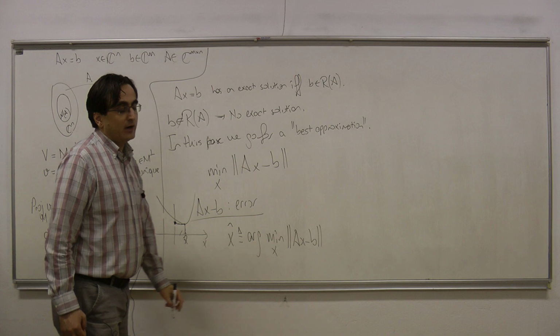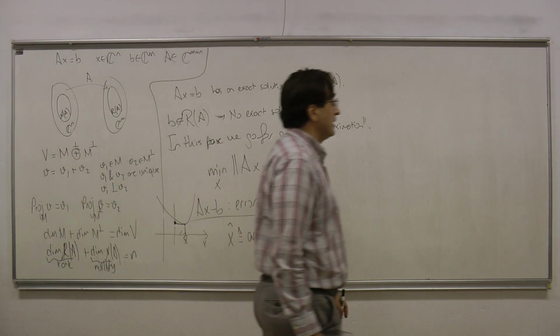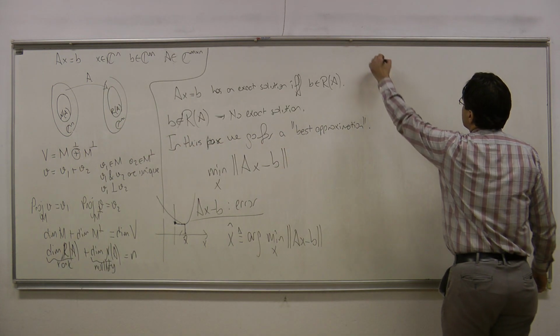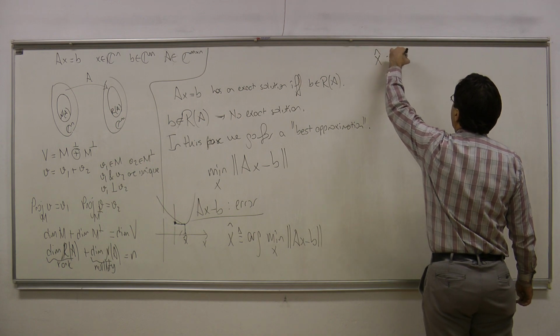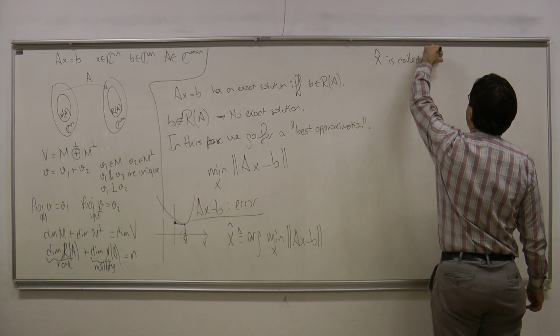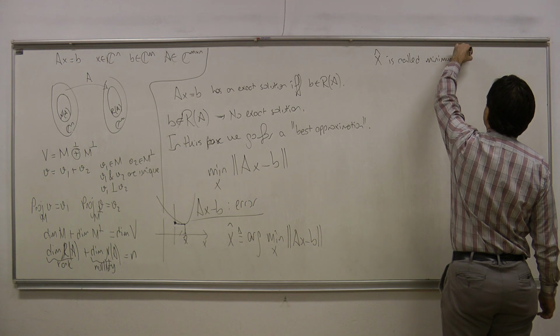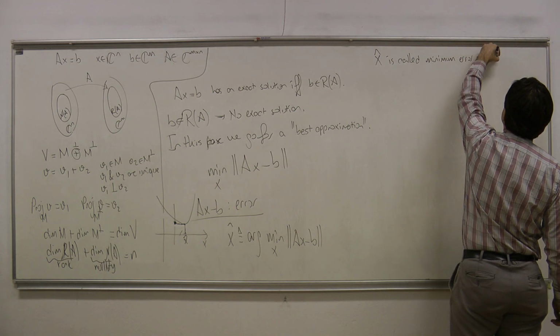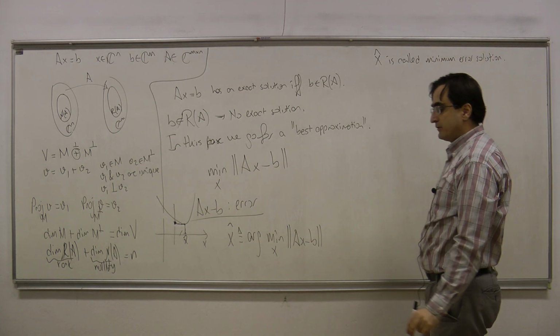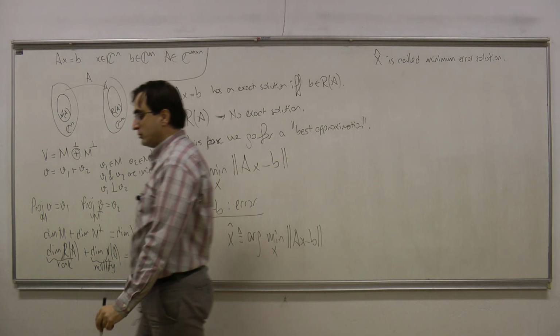So we would like to find an x hat value that would minimize this error. So x hat is called the minimum error solution.